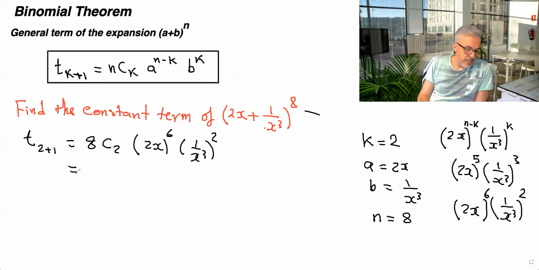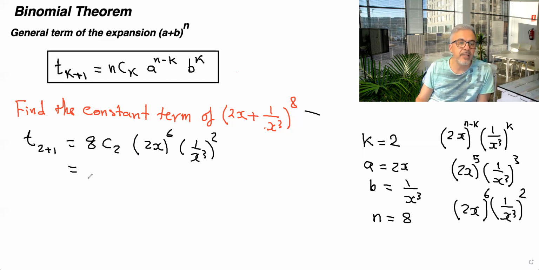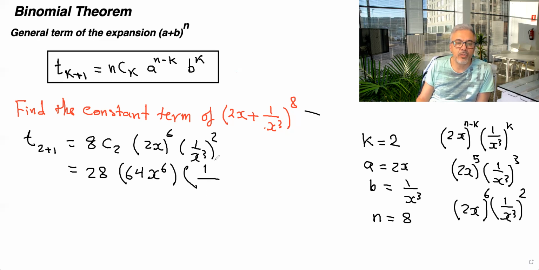Now, 8 choose 2 gave me 28. And this will give me 2 to the power of 6. It's going to give me 64 x to the 6. And this 1 squared is just going to be 1. And x cubed squared is going to give me x to the 6.